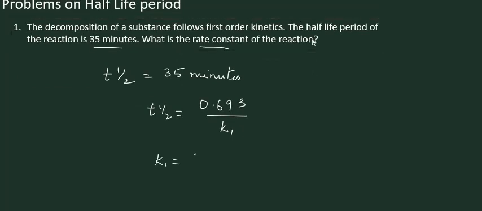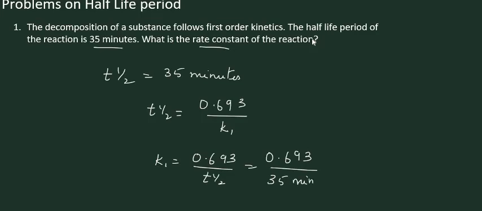K1 is equal to 0.693 by T half, which is equal to 0.693 by 35 minutes, which is equal to 0.0198 minute raised to minus 1.